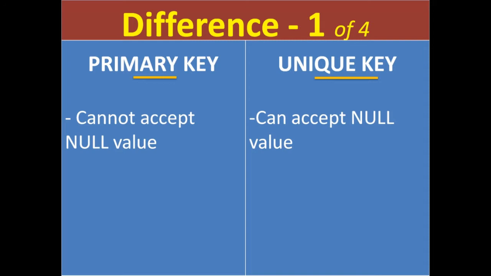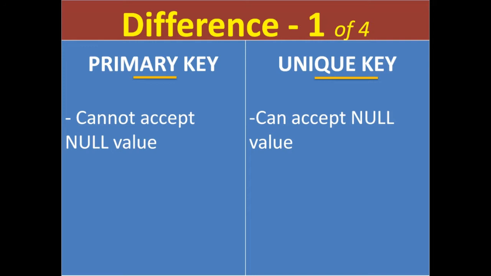So before going into the differences between primary key and unique key, let's first focus on what a primary key and a unique key are, right? Let's start with primary key. Primary key is a column of a table which uniquely identifies each row in a table.